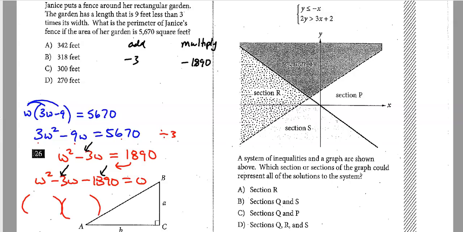So negative 3 tells me they've got to be pretty close to each other. So let me just try to multiply like numbers by themselves. Trying to get close to 1890, I know 40 times 40 is 1600, and I know 50 times 50 is 2500. So my numbers are going to be somewhere between 40 and 50, and they've got to be 3 apart.